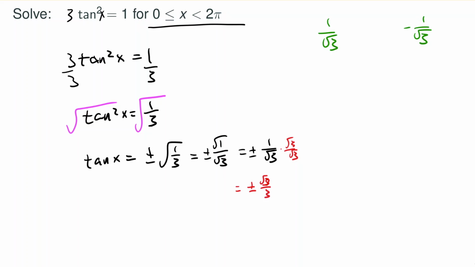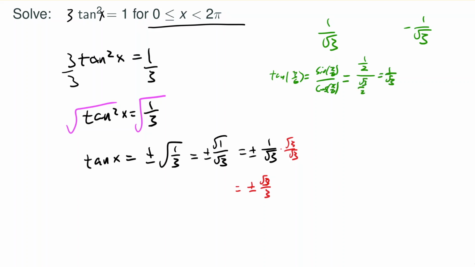So we know that sine x over cosine x gives us tangent x, right? So on the unit circle, for example, tangent of pi over 6, which is sine pi over 6 over cosine pi over 6, gives us 1/2 over square root of 3 over 2, which gives us 1 over the square root of 3.